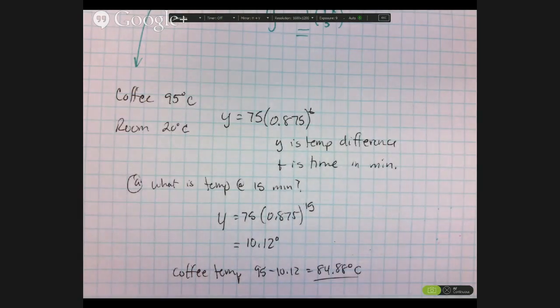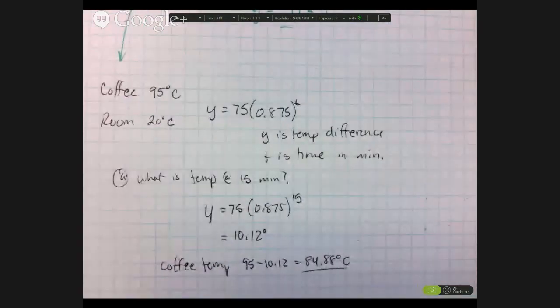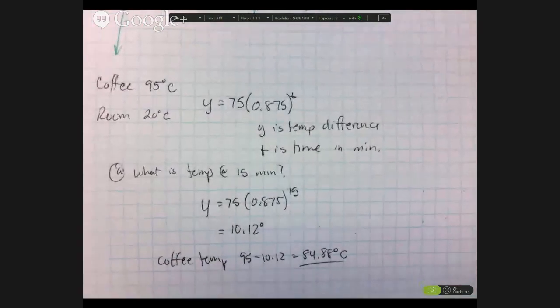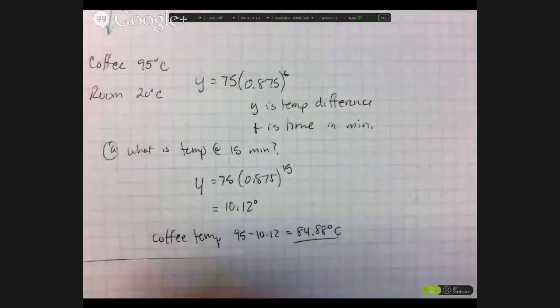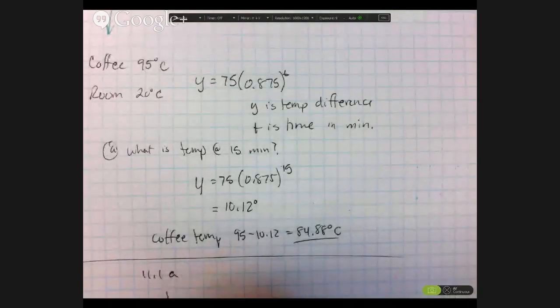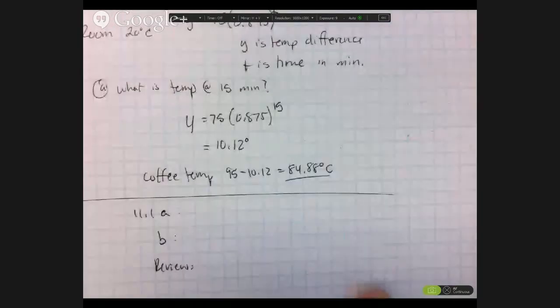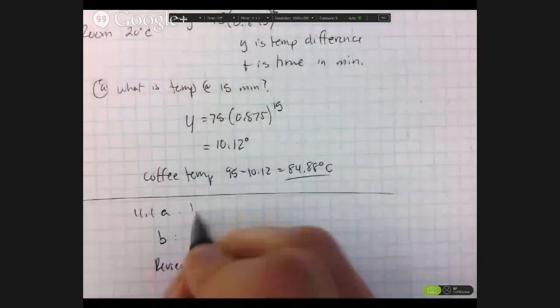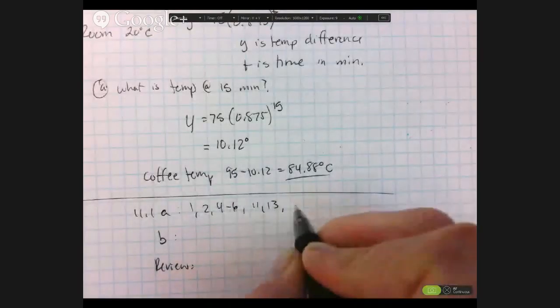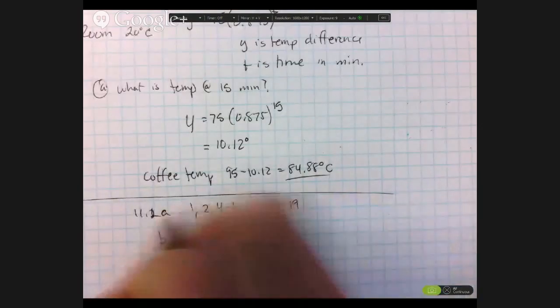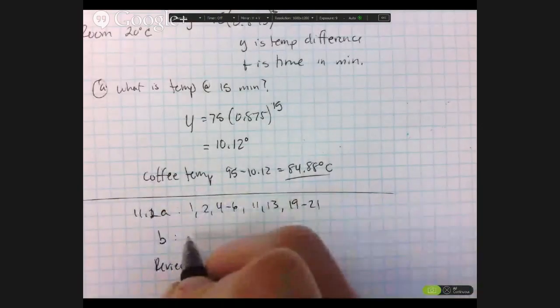Oh yeah, review problems. We will do this one in 2 sections.